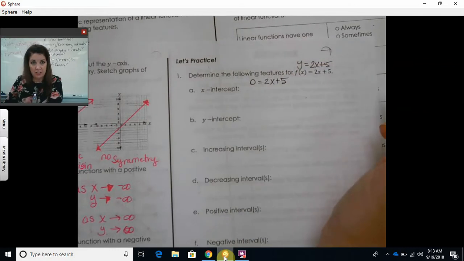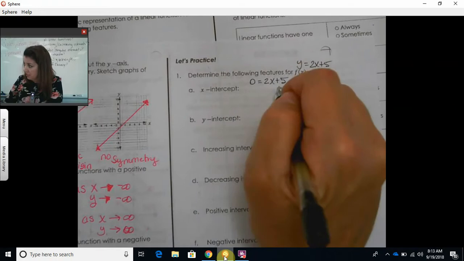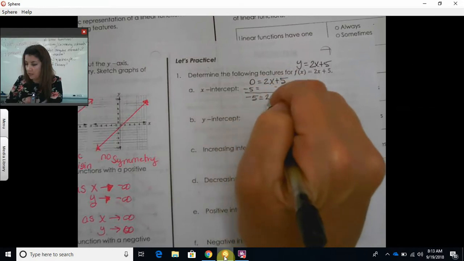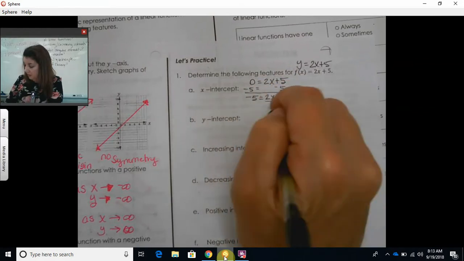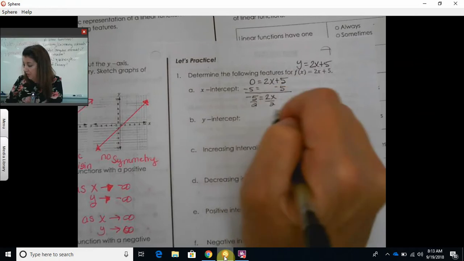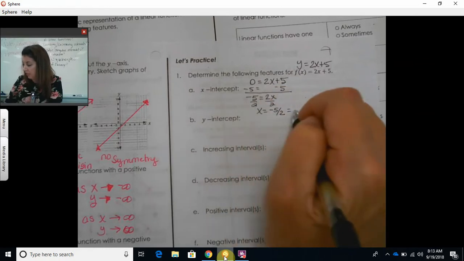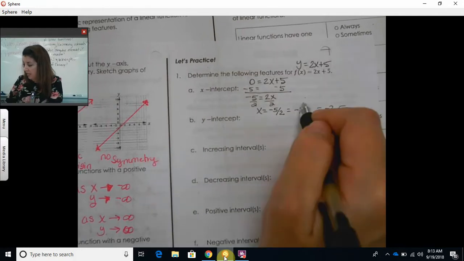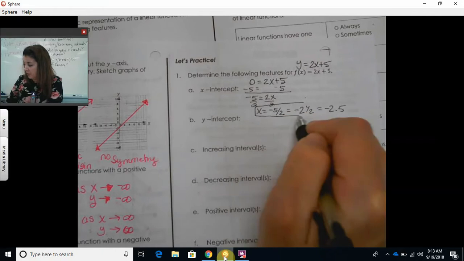And that will give me the x-intercept. So in this case, I'll subtract 5 from both sides. 0 minus 5 is negative 5 equals 2x. Divide by 2. And x equals negative 5/2, or you could say negative 2.5. So that is the x-intercept.